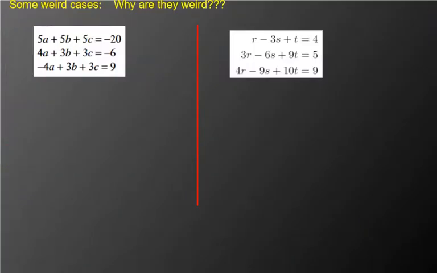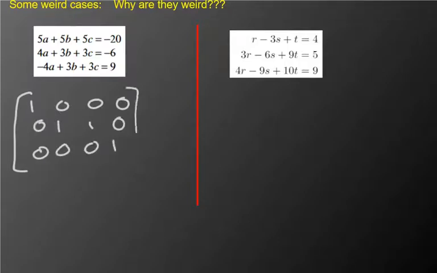All right, so I wanted to do some weird kinds of cases. If you plug into the calculator and let it do the RREF on these, on this one you will get 1 0 0 0, 0 1 1 0, and then 0 0 0 1.